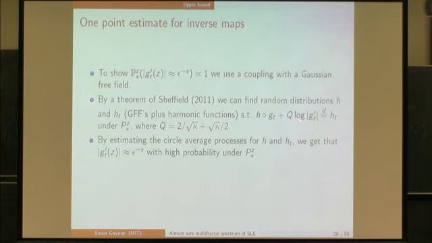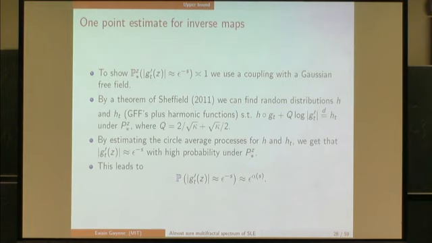The way we get an estimate for g_t prime out of this is that we estimate h composed with g_t and h_t using circle averages, and then we just rearrange this equality to get that under the reweighted law, g_t prime of z is of order epsilon to the negative s with high probability, and that's what we want.